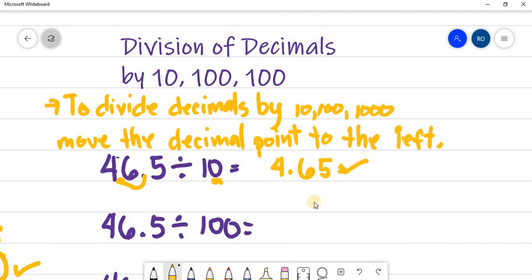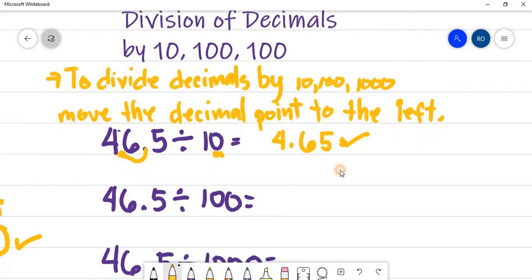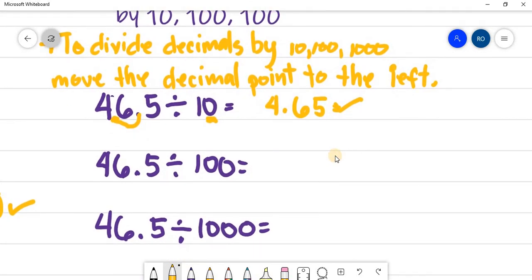Let's have 46.5 divided by 100. 100 has two zeros, so we move the decimal point of 46.5 to the left twice. The decimal point is now before 4, so we add 0. The answer is 0.465.